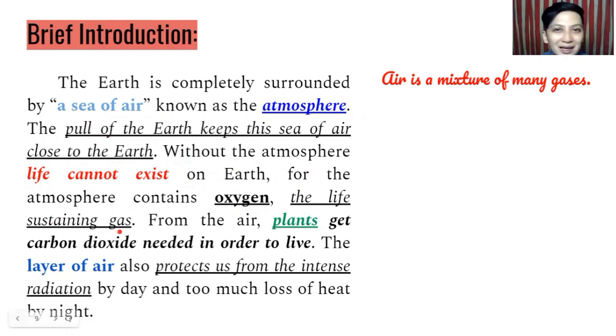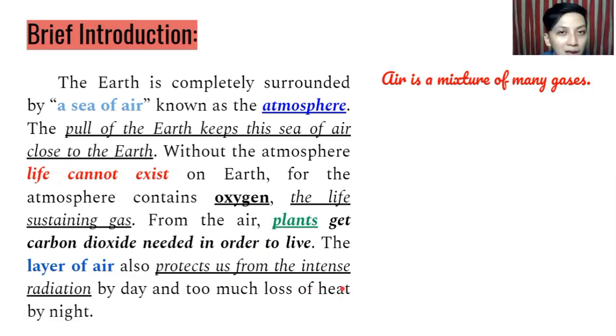We know that we cannot live without oxygen gas. From the air, plants get the carbon dioxide needed in order to live, and we all know that plants need carbon dioxide to produce oxygen as their byproduct. The layer of air also protects us from intense radiation.